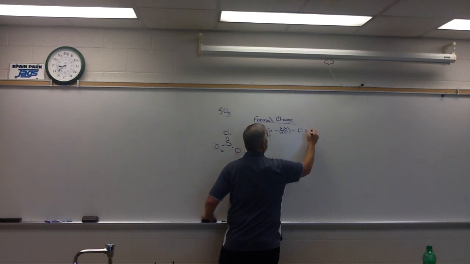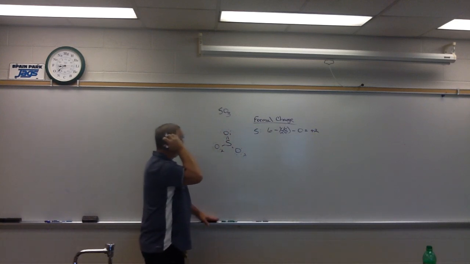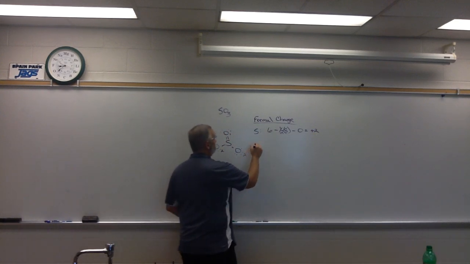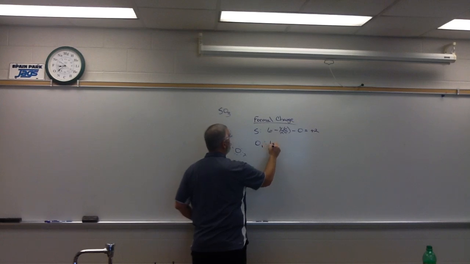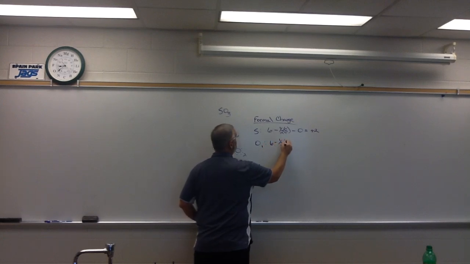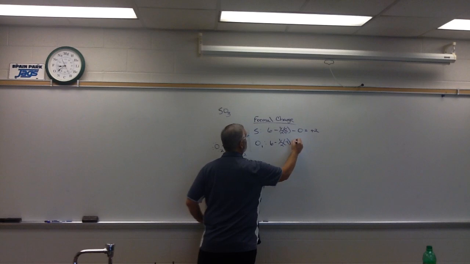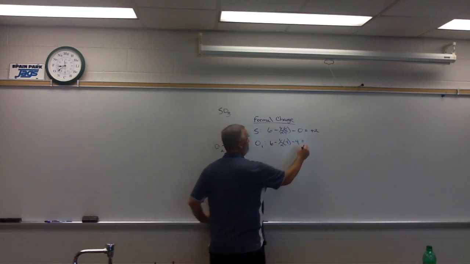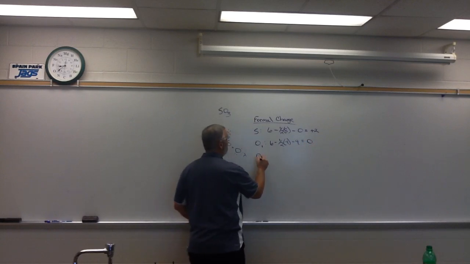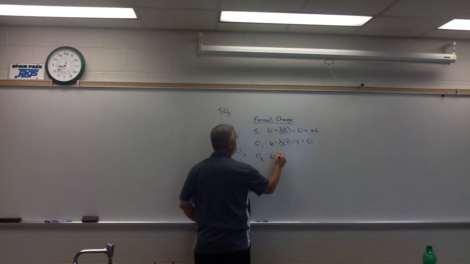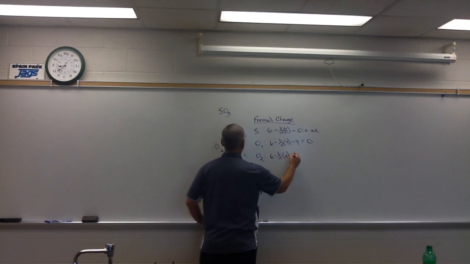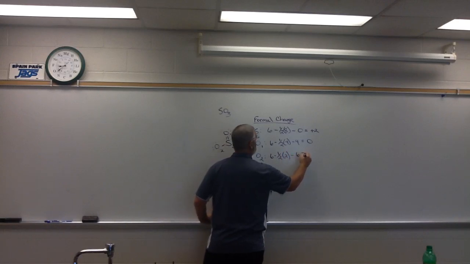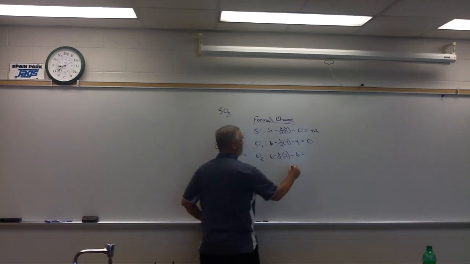So that's going to equal +2. I was kind of wanting to subtract 8. Okay? So oxygen 1. 6 minus 1/2 of 4 minus 4 is going to equal 0. We like that. We like zeros. And then oxygen 2. 6 minus 1/2 of 2 minus 6 is going to equal -1.